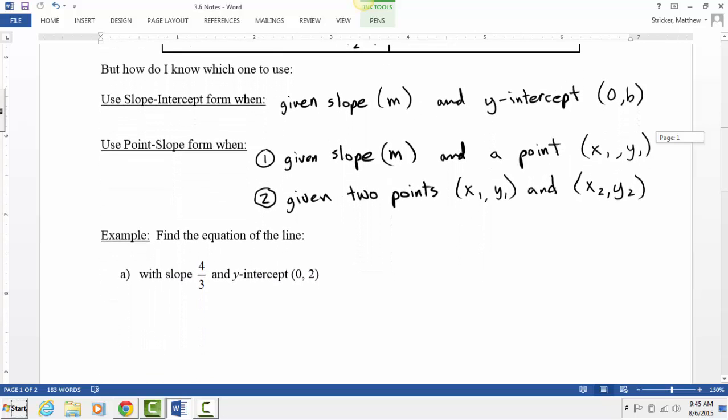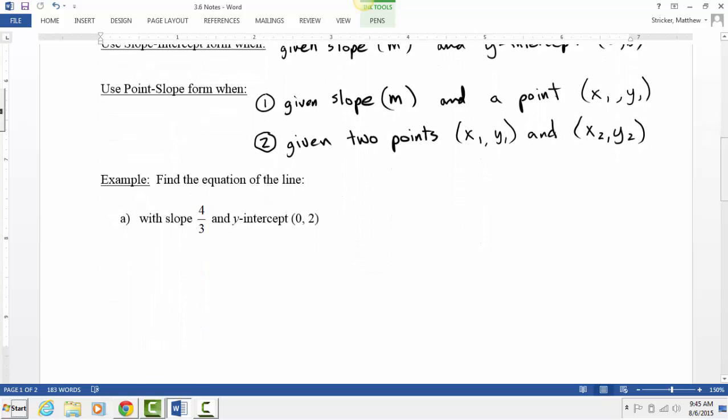Okay, and we'll look at some examples of how to do these sorts of things. The first example says find the equation of a line with slope 4/3 and a y-intercept of 0, 2. Well, this tells us two specific things. This right here tells us what about the line? It tells us m equals 4/3. And then we are also given this information.